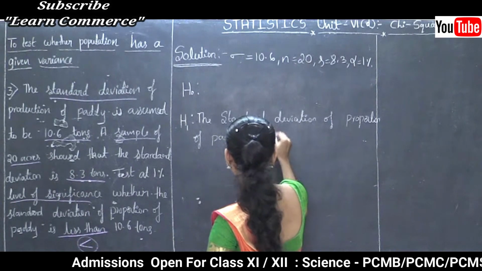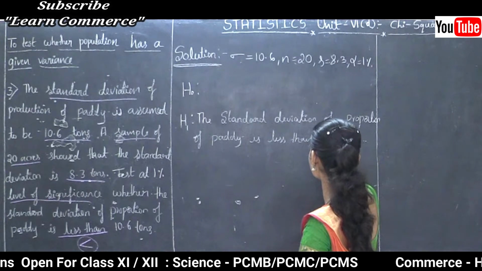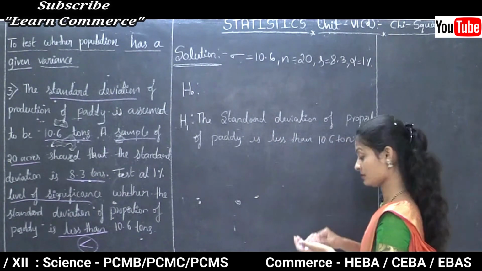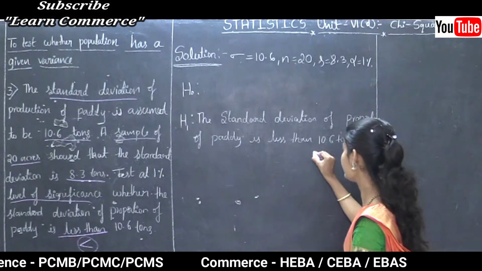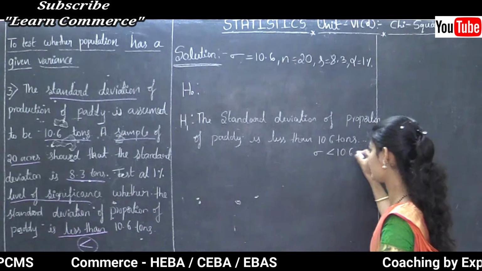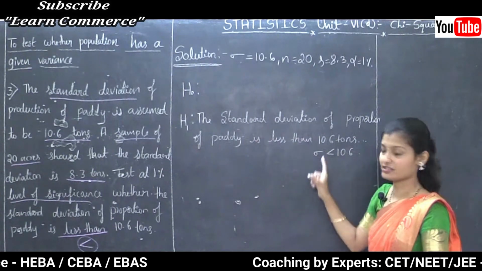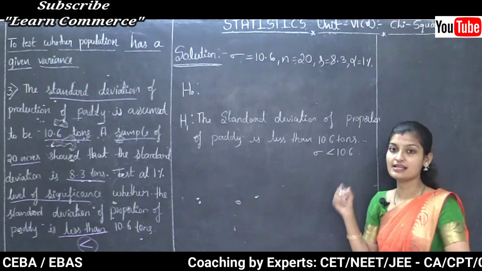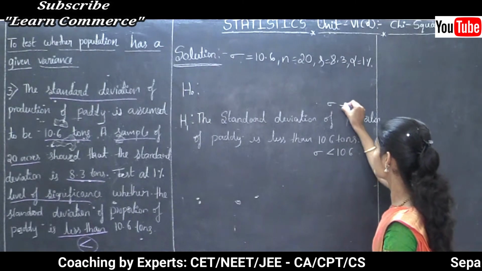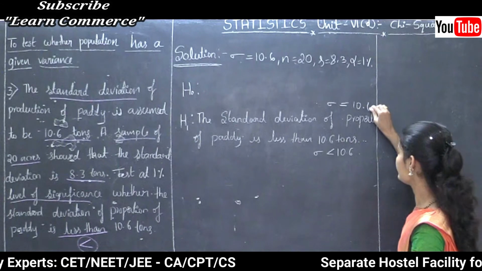is less than 10.6 tons. This is the standard deviation, so I will write sigma less than 10.6. Why? Because this is the standard deviation, that is why sigma is less than 10.6. And H0, as we know, is always equal to, so we can write here sigma is equal to 10.6.